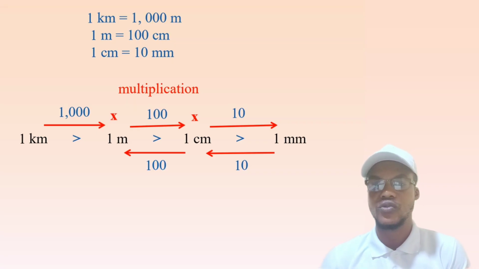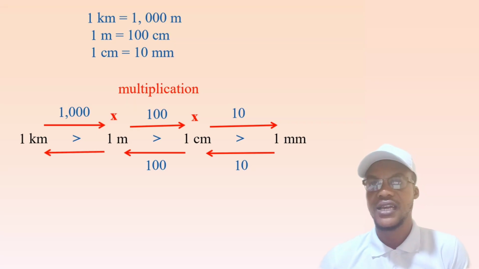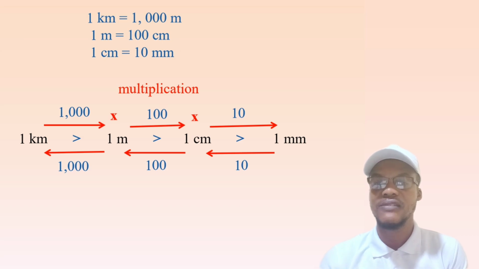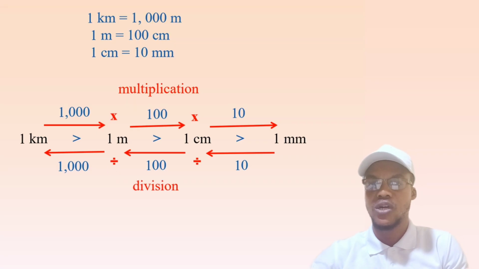The same applies if I want to convert from meters to kilometers: I divide whatever figure is given in meters by 1000 to get kilometers. So that also deals with division. We divide when we are converting from smaller to bigger, and we multiply when we are converting from bigger to smaller. So take note of this.